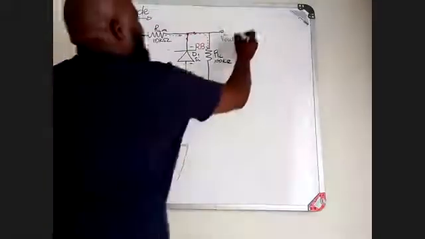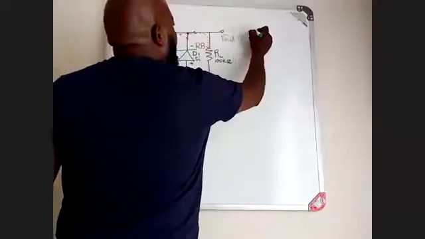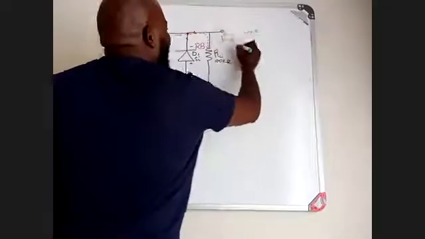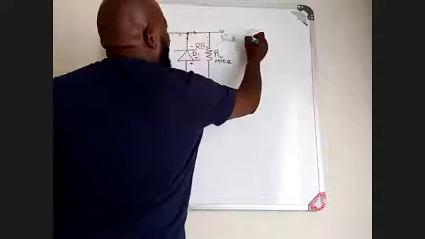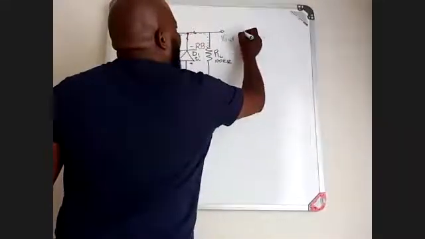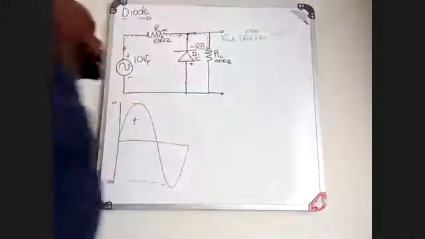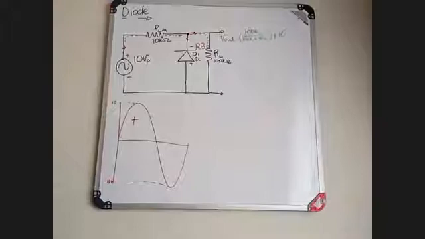V out will be your 100 kilo ohm divided by your 100 kilo ohm plus your 10 kilo ohm, multiplied by your 10 volts, which means I'm going to use the voltage divider rule.